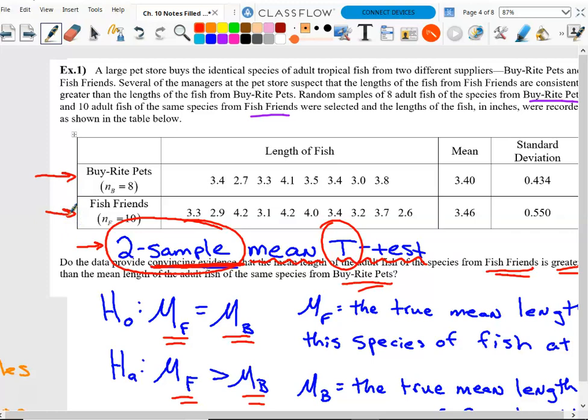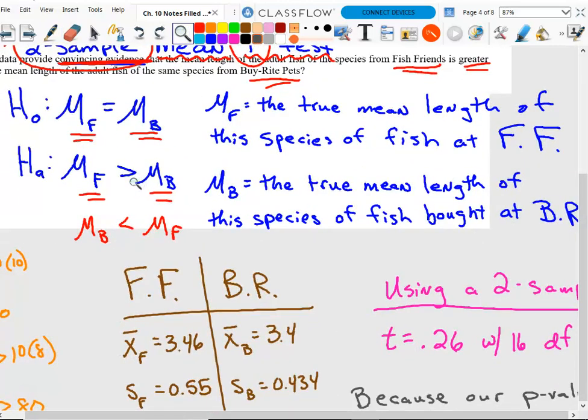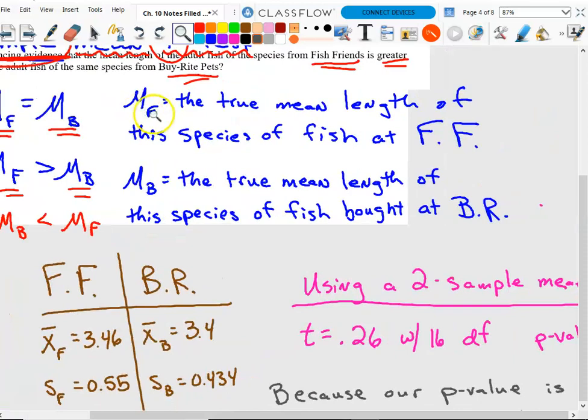But as I mentioned in 10.1, it does matter in terms of how you plug it into the calculator and how you define your alternative hypothesis. I was trying to find Fish Friends bigger than Buy Right. Got to define mu for Fish Friends. Got to define mu for Buy Right.